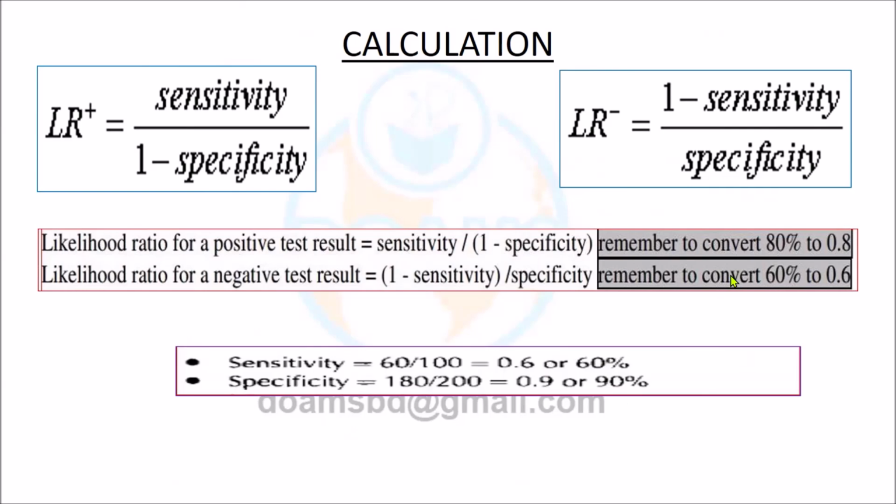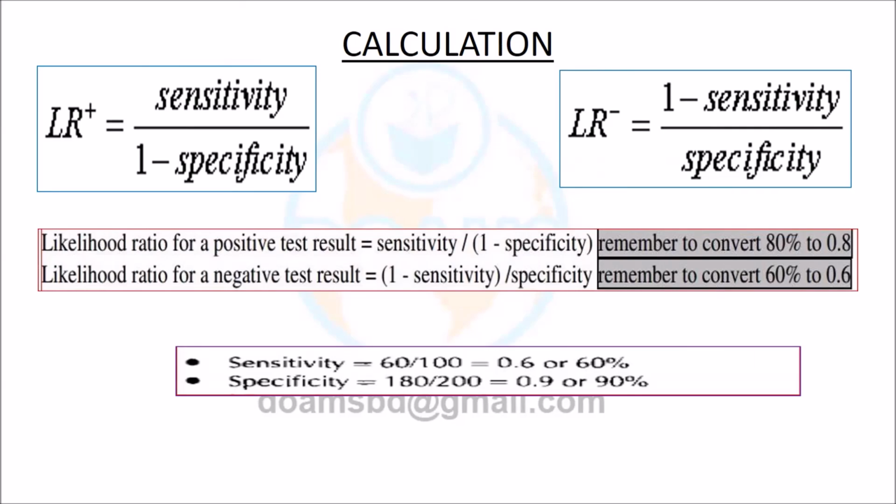Where is Dr. Zakaria? Are you doing the calculation? Yes, sir. LR positive 6. You have to say that the likelihood ratio of the test being positive is 6. My suggestion is to read it in this way for better understanding.